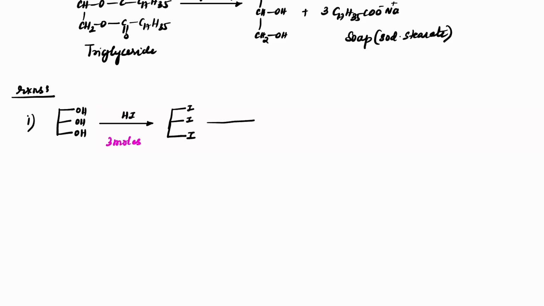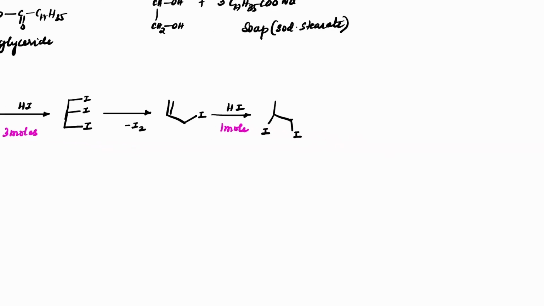Next, we know that vicinal iodides are unstable, so I can make it one iodine here and a double bond here. And again when I add HI, this time I will get iodide here, iodide here. So you can notice one more mole of HI I have used.